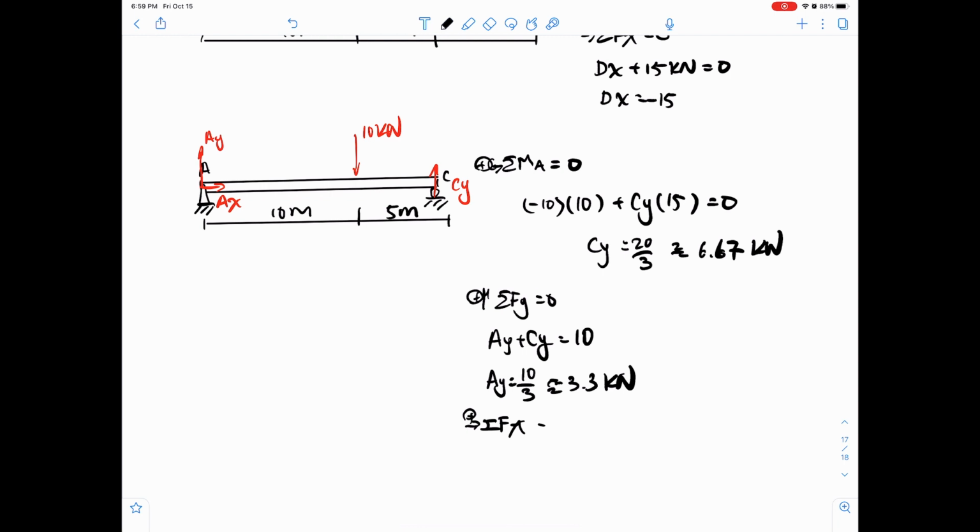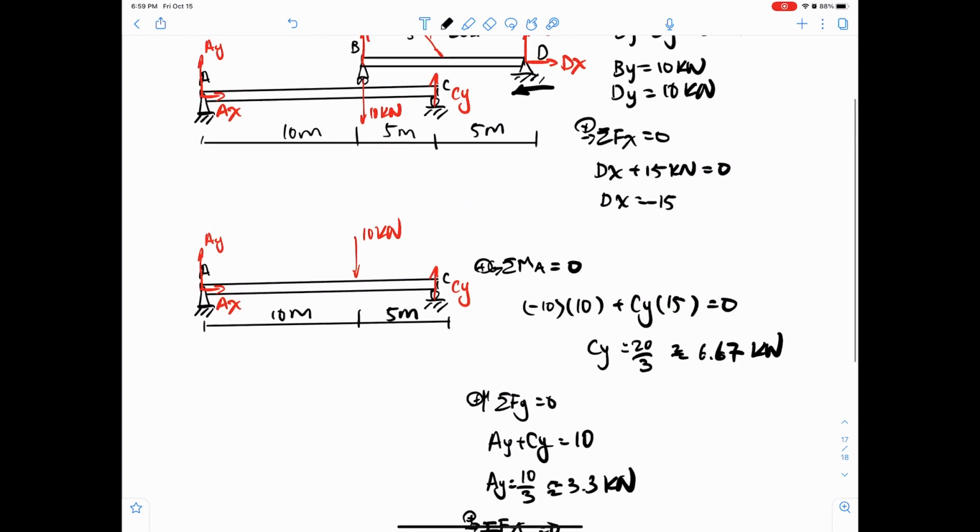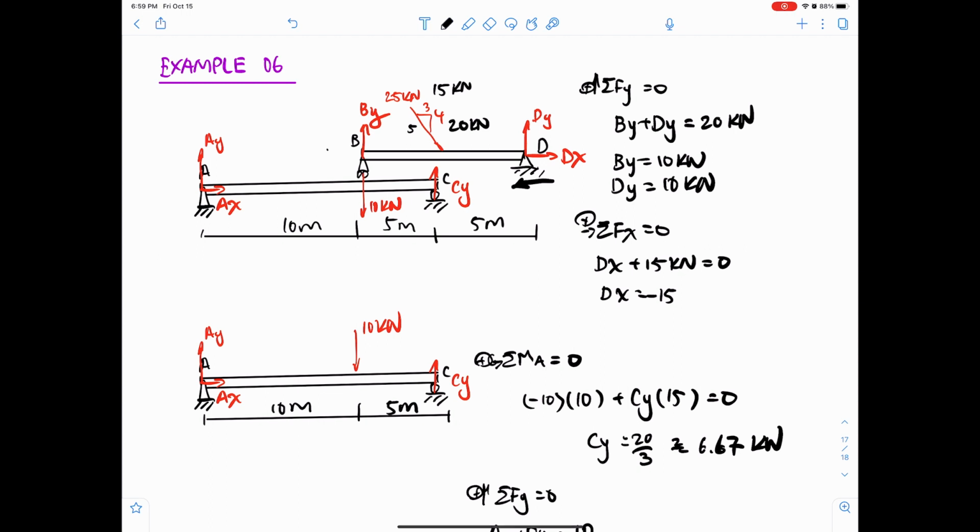For the sum of forces in the x direction, if to the right is positive, you can intuitively tell that Ax equals 0. Why? Because if this point at B is a roller, it's not transferring any forces in the horizontal direction. Instead, it's all being resisted by this point D. So that's actually just it for the problem.